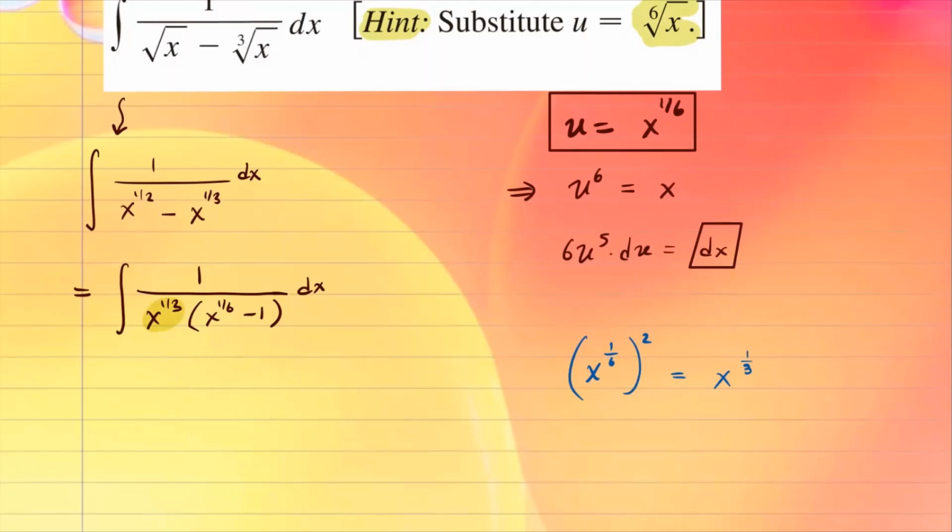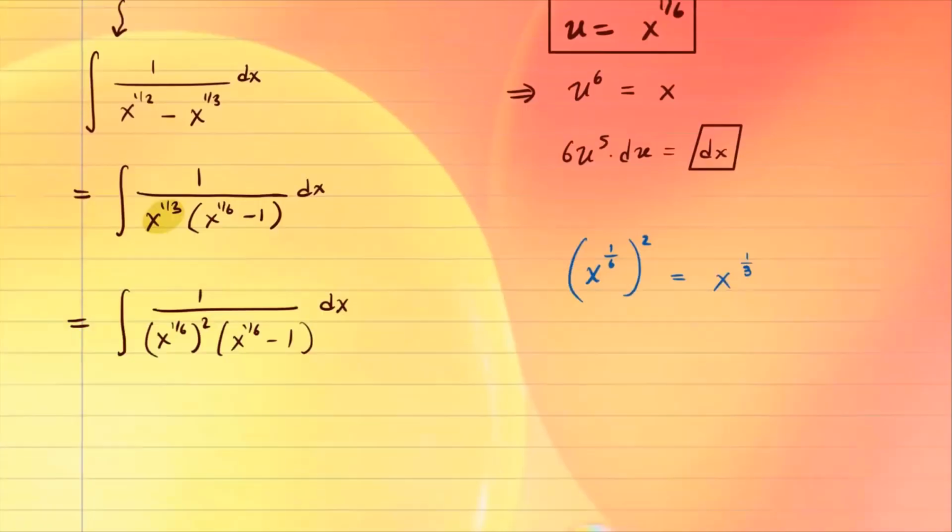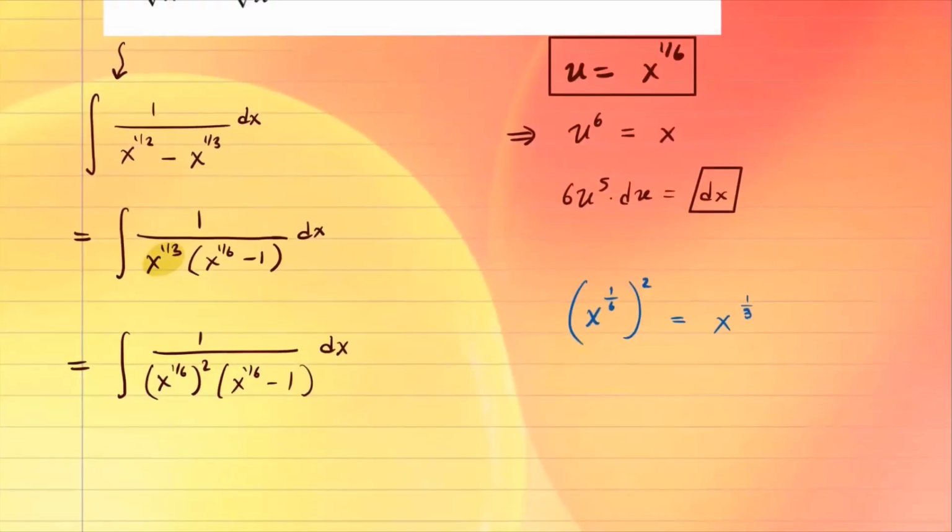So that's where I'm going to plug in right here. This would become the following. We will have the integral of 1 over x to the 1/6 squared times x to the 1/6 minus 1 dx. And now we're ready to make the substitutions. So x to the 1/6 is replaced with u, as we're saying right here.